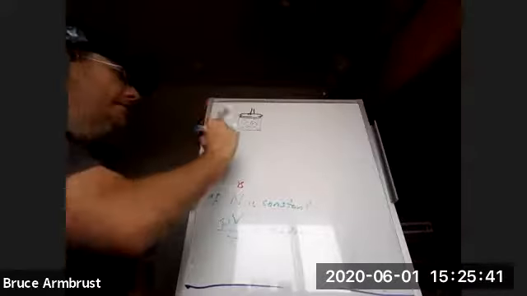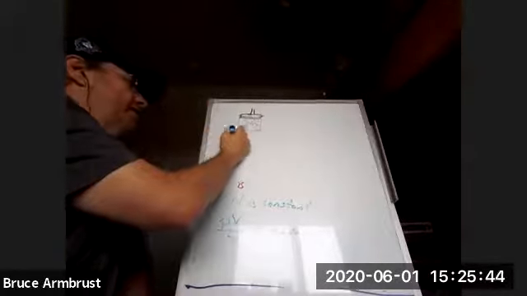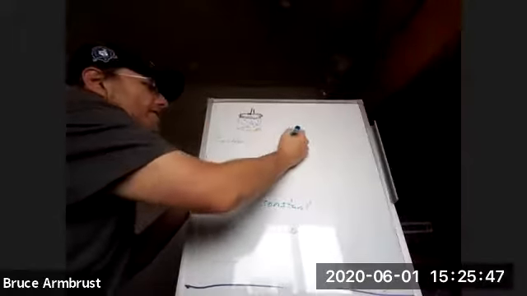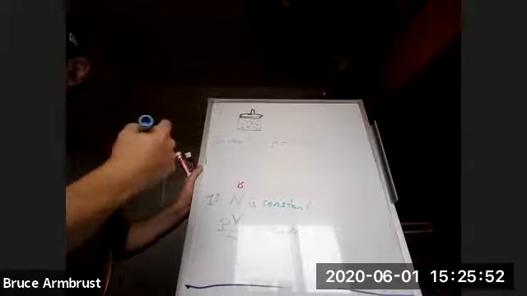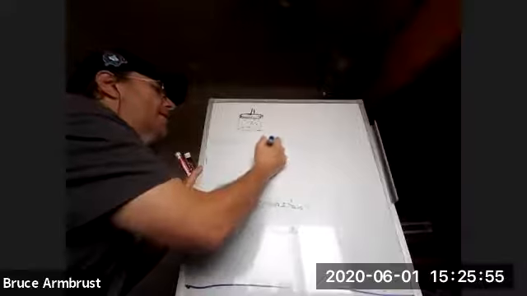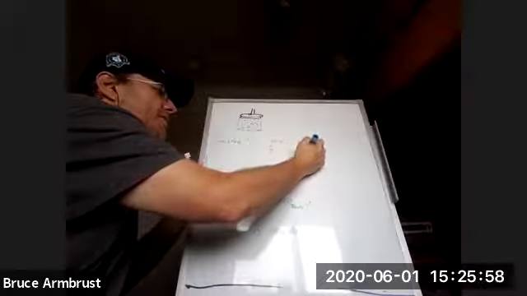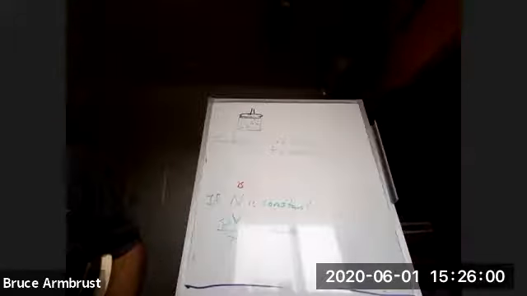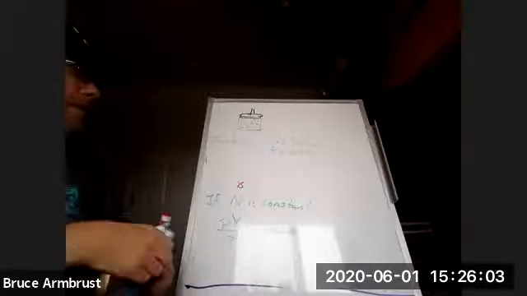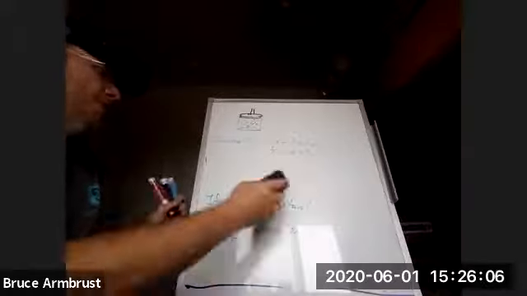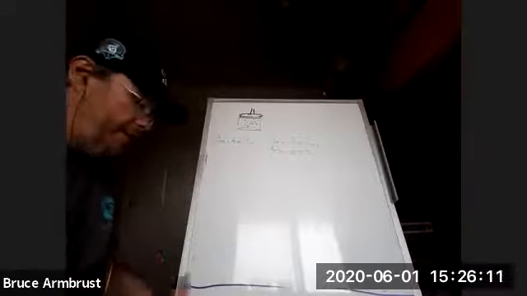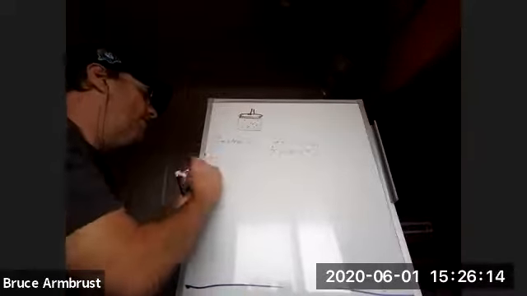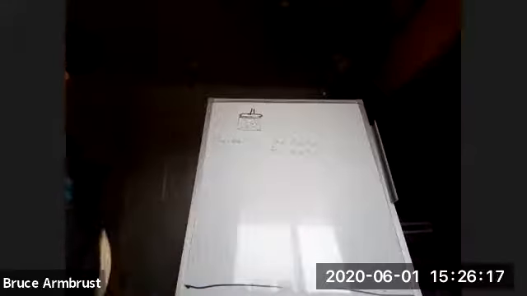Okay, so let's say that initially we've got a pressure of 1 atmosphere, and the initial temperature is 27 degrees C. So this is what it is initially. All right, so now let's compress it. And a lot of times when you're talking about engines, you look at what they call the compression ratio.